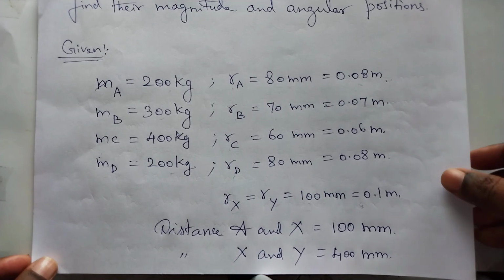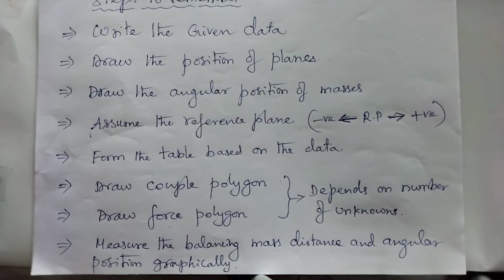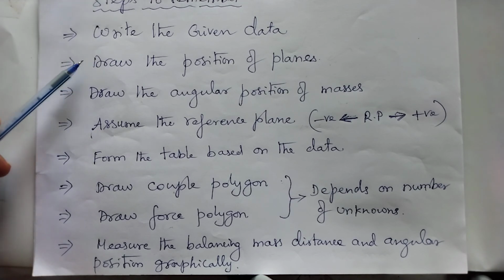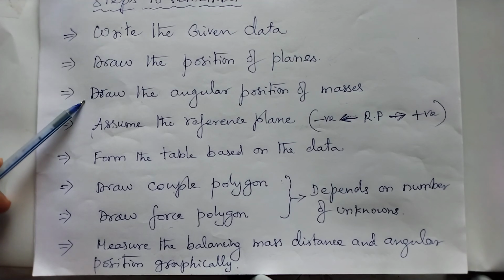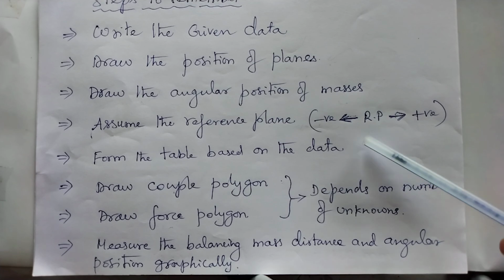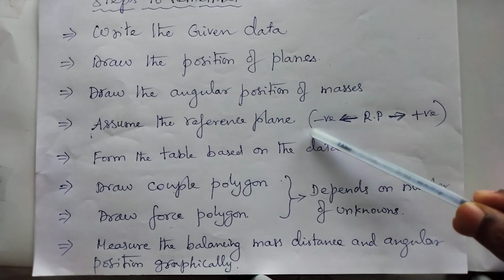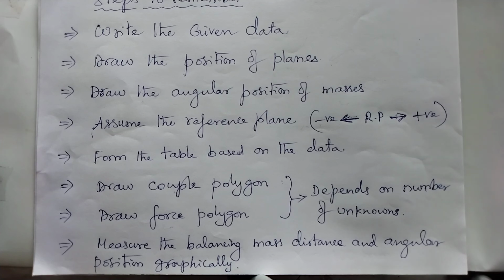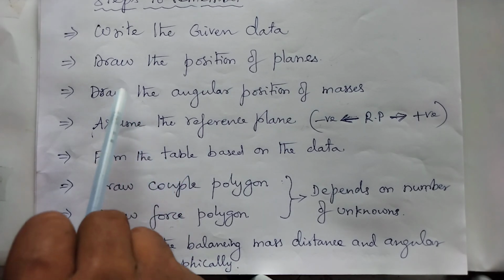Next I will show the steps to follow for constructing the balancing masses for the given several planes. First you have to write the given data, then draw the position of planes and draw the angle of position of masses, then assume the reference plane. From the reference plane, to the left we consider it as negative, and to the right it should be considered as positive. Then you have to form a table based on the position of planes and angles of position you have drawn.